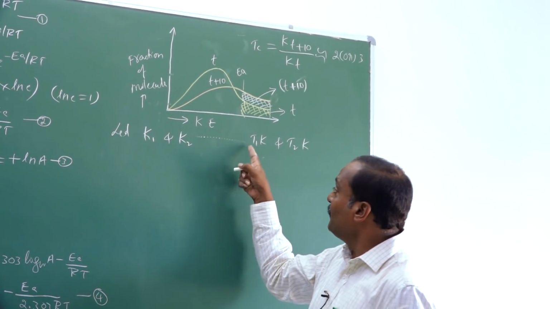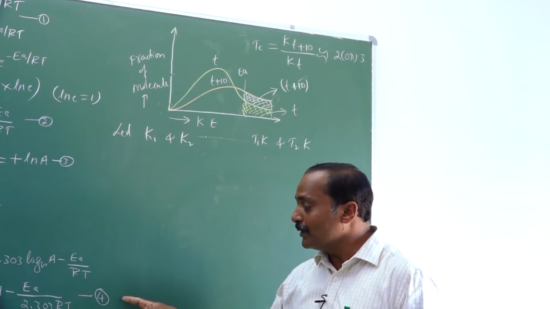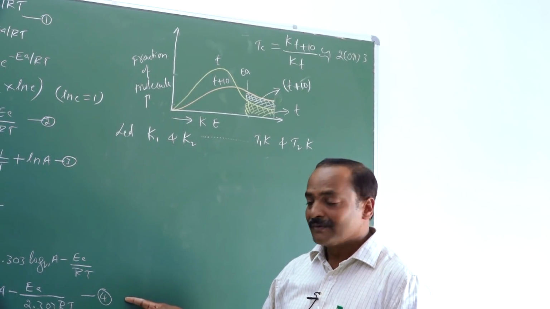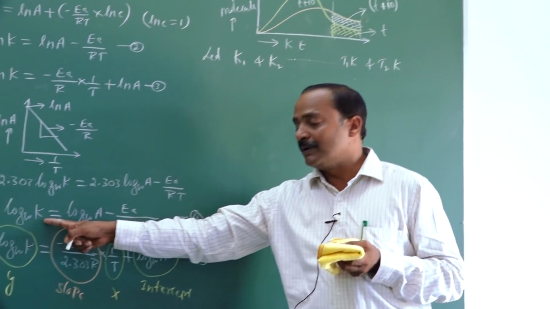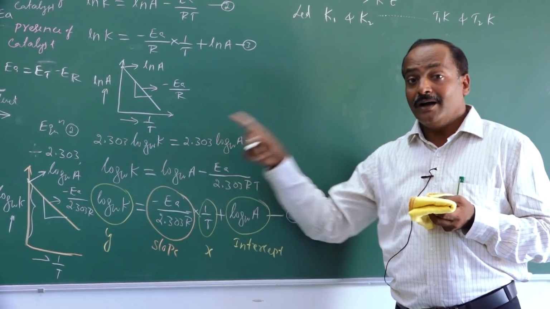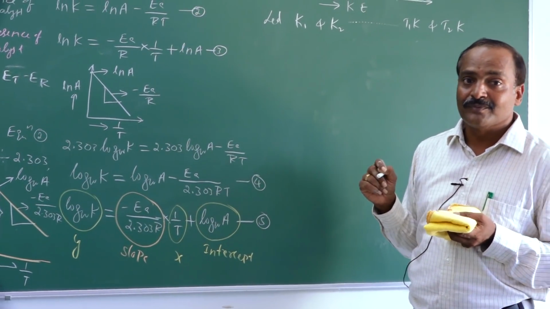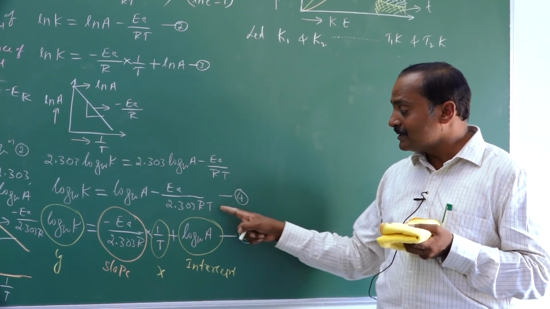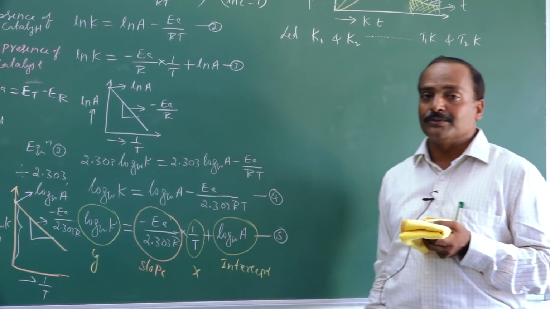At temperature T1 Kelvin, equation 4 becomes, with K1. At temperature T2, equation 4 becomes, with K2.